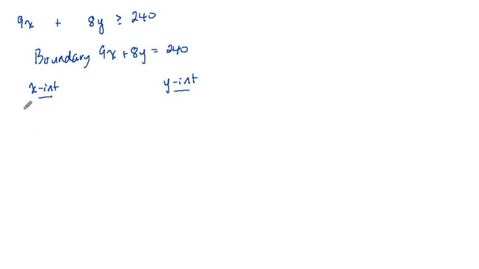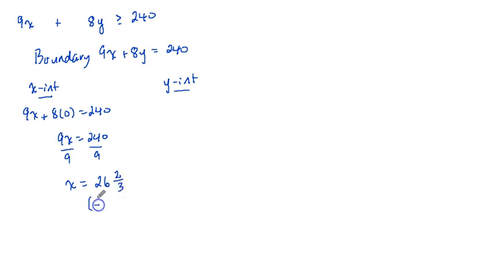For the x-intercept, we put in 0 for the y, and therefore we have 9x equals 240. Divide both sides by 9, and we get x is equal to 26 and 2/3. Approximately, of course, 26.7 hours.